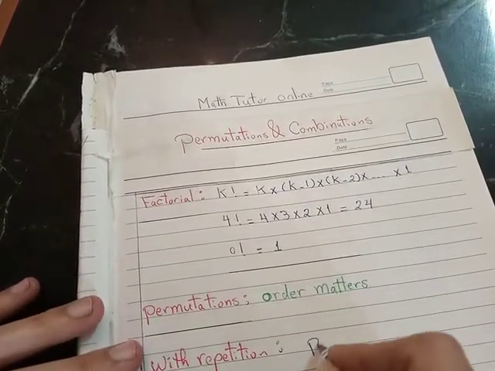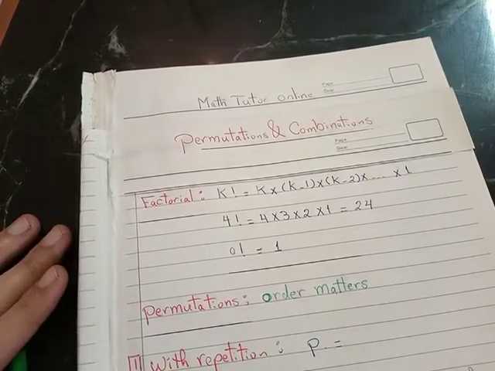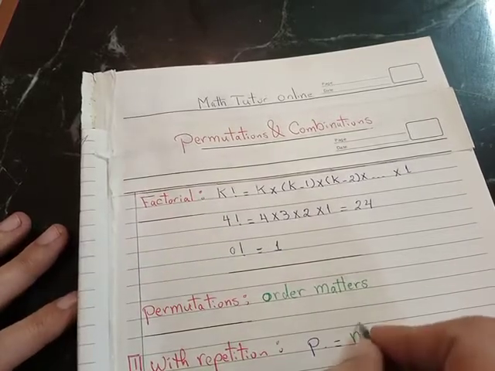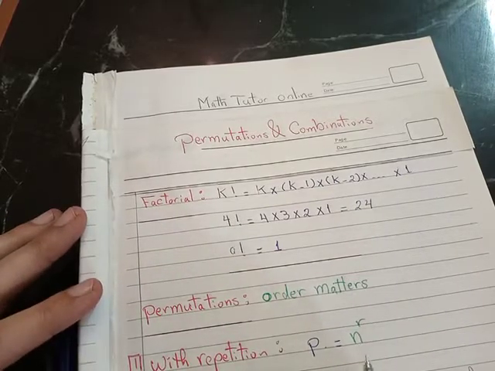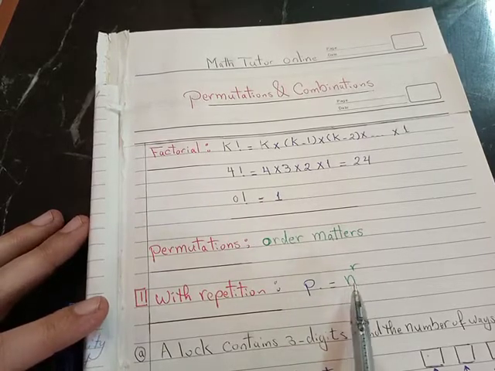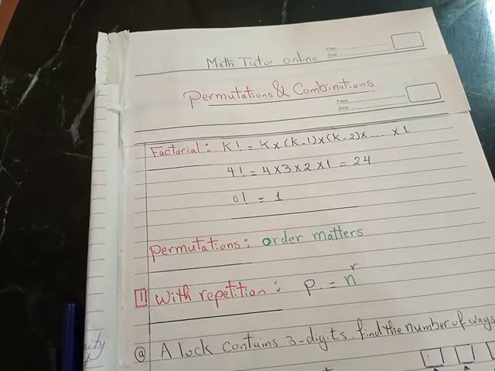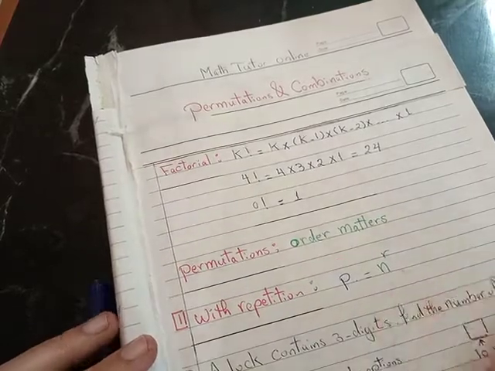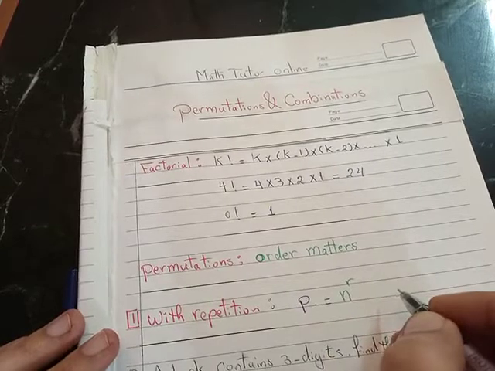The permutation in this case, when repetition is allowed, will be n to the power of r, where n is the number of available options and r is the number of chosen options.